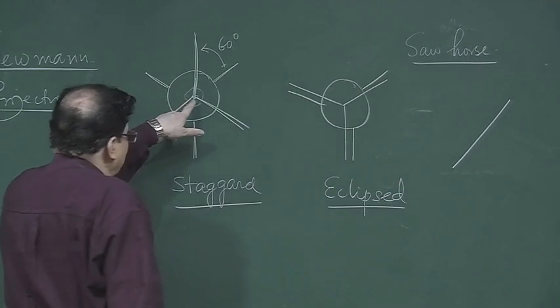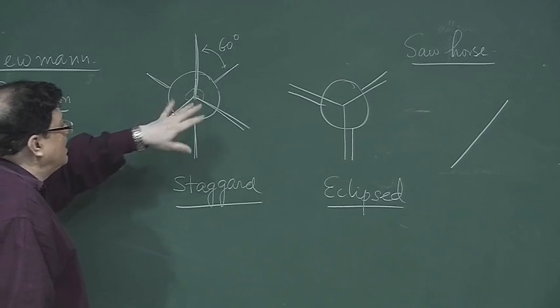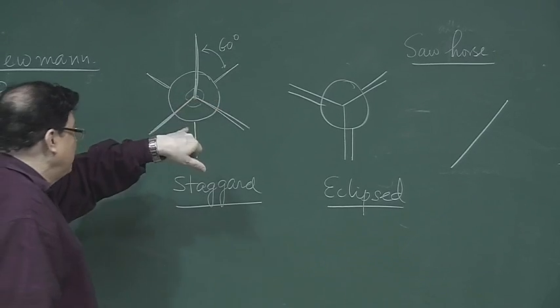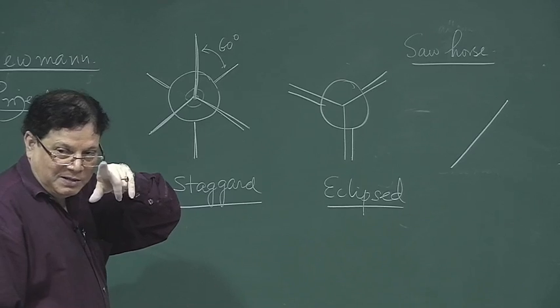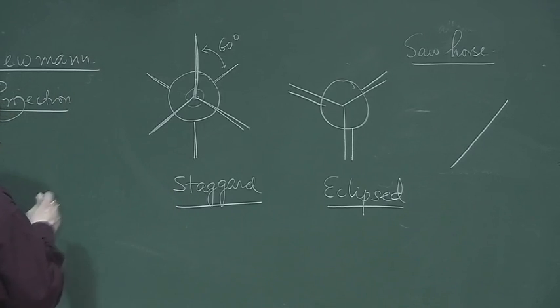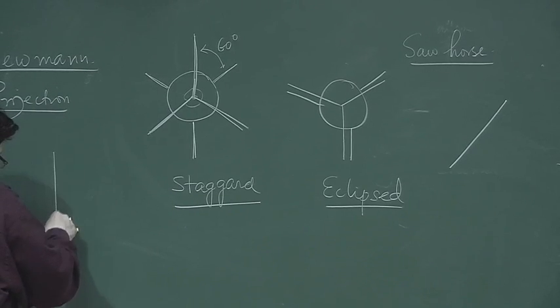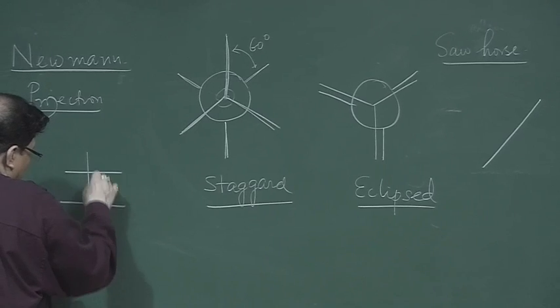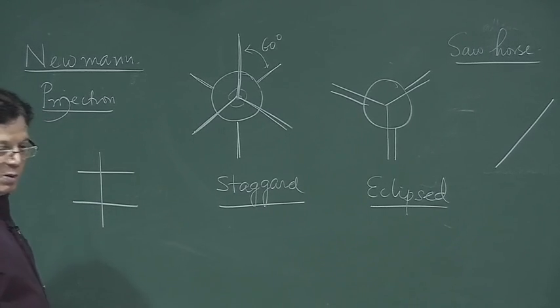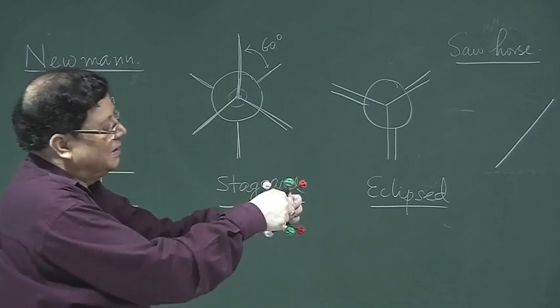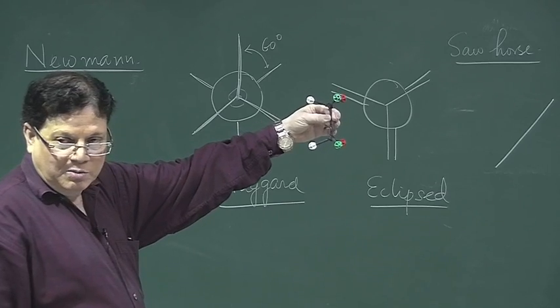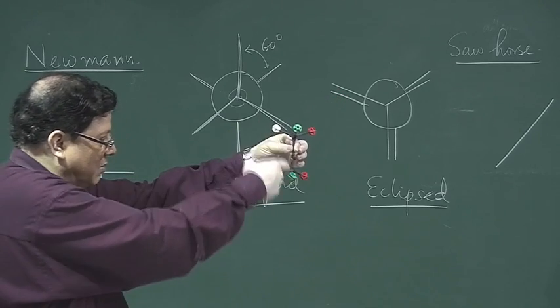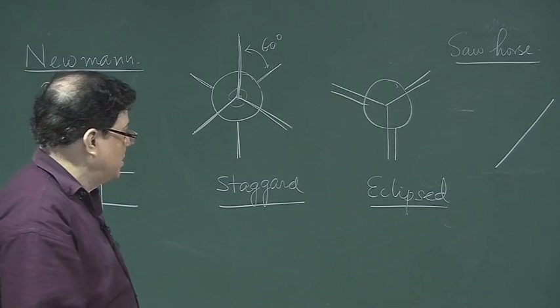Here, where is the carbon carbon bond? The carbon carbon bond is actually not seen, because it is along the line of axis of viewing the system. In Fischer projection, the carbon carbon bond is visible, because you are not seeing it along the carbon carbon axis.